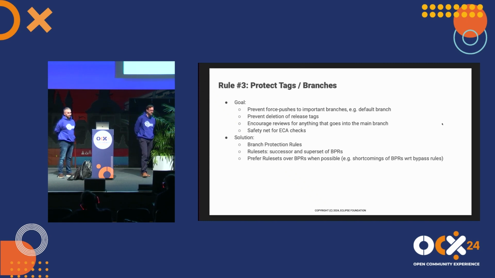It's not only better in the sense of available options to bypass rules if necessary, but it also offers many more features that are not there in branch protection rules and will never be there, because they decided to more or less deprecate branch protection rules. So our guideline is that if you enable things like that, if possible, you prefer rulesets over branch protection rules. They are more or less the same for the standard use cases, and in the long term, they certainly make your life easier.